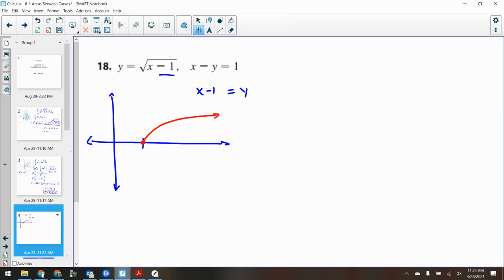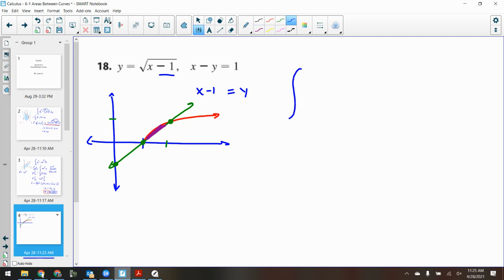Okay, that means that I've got slope of 1, y-intercept of negative 1. So, it looks like we've got this little sliver in there. That's what I'm looking for. That's the little piece of shaded region that I'm looking for.